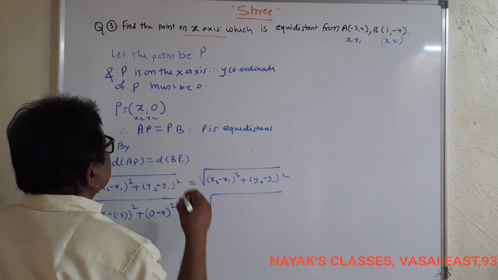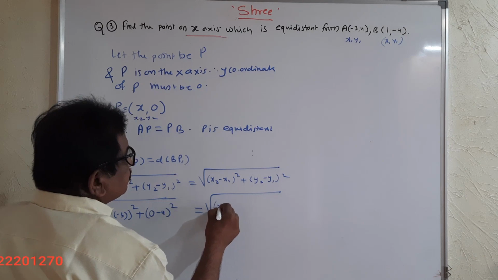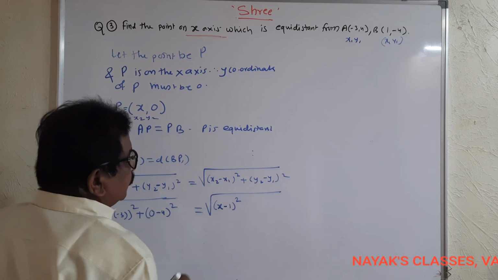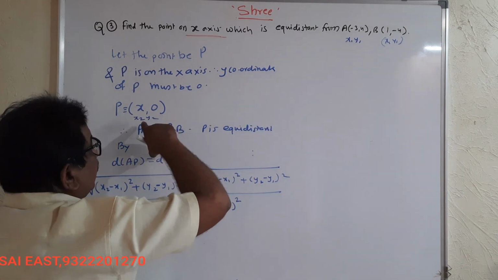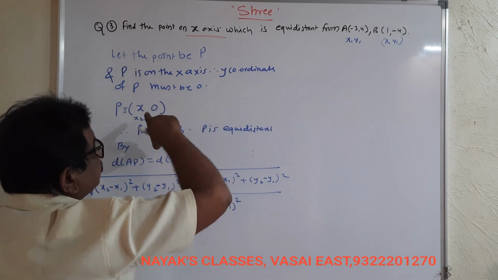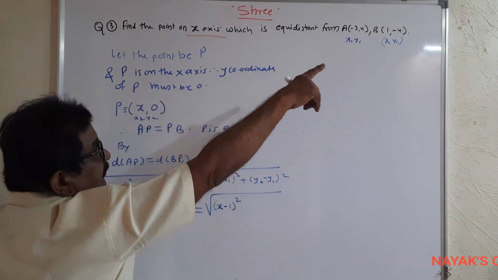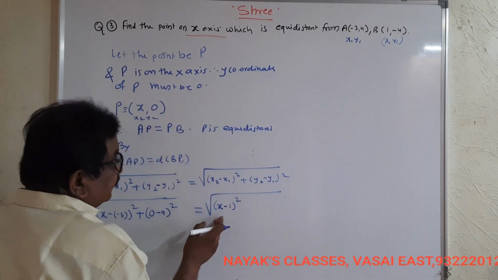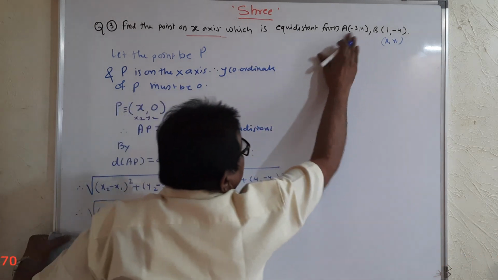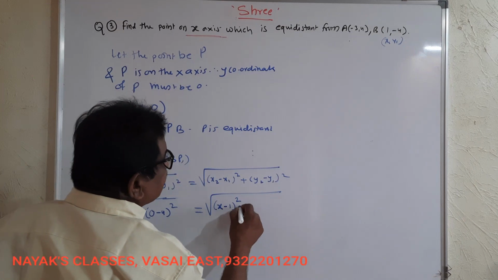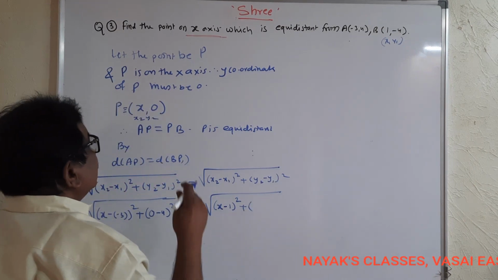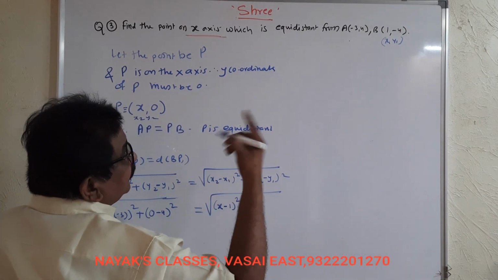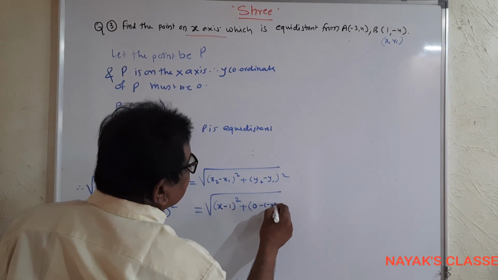So x2 is x and x1 is 1, so x minus 1 the whole square, plus, in the other bracket, y2 is 0 and y1 is minus 4, so 0 minus (minus 4) the whole square.